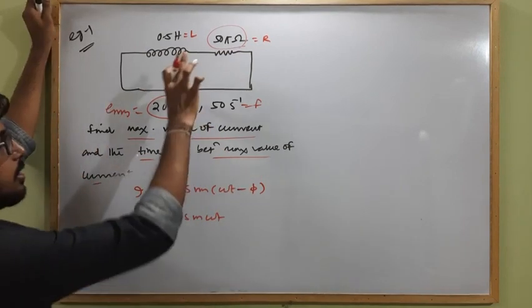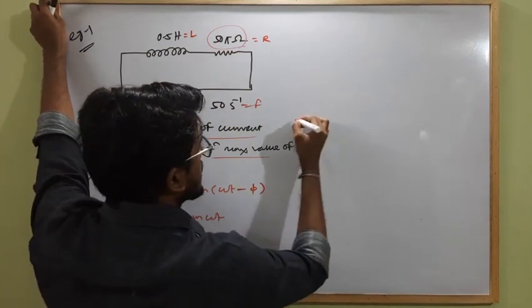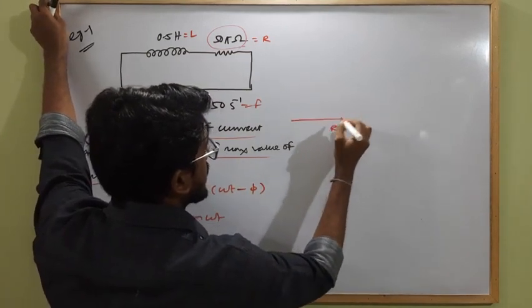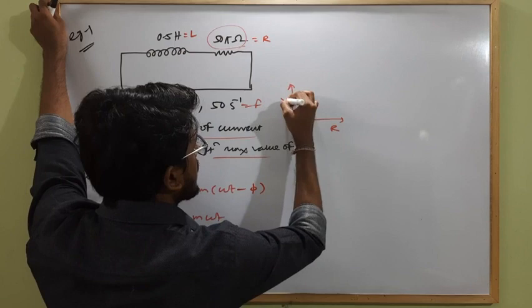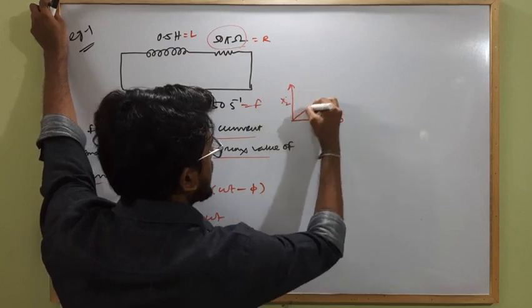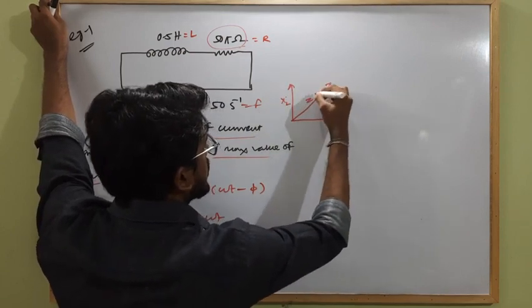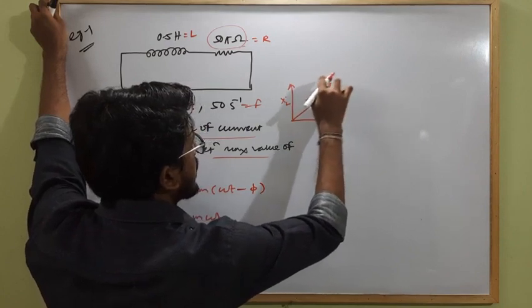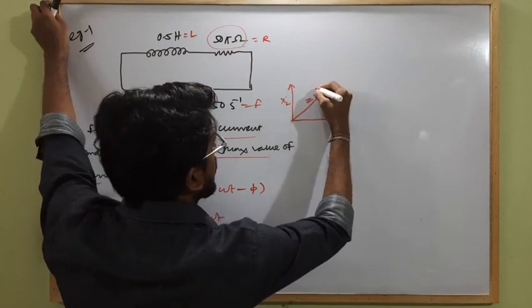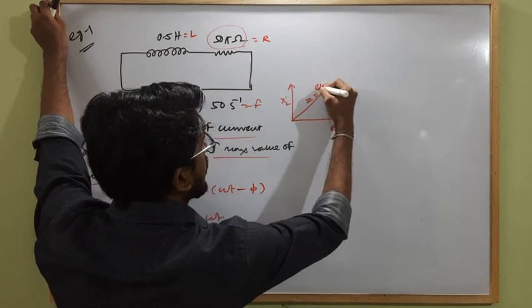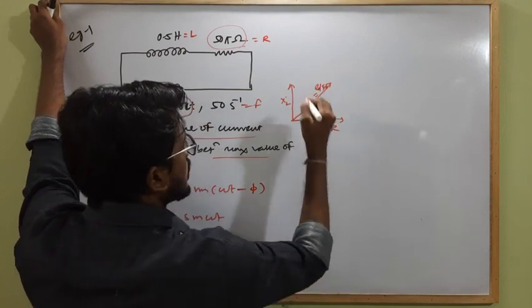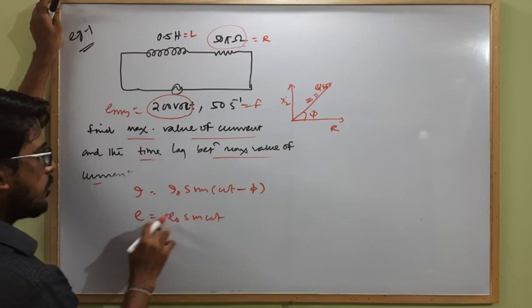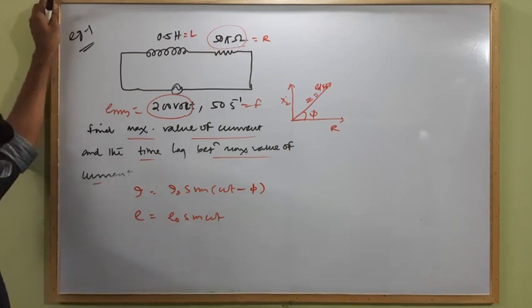Here if we draw the impedance triangle, this is R, this will be XL, so this is Z, which is equal to E by I or E naught by I naught, and this is the phase difference phi.